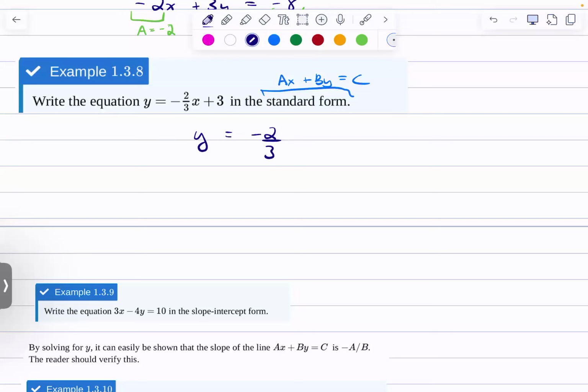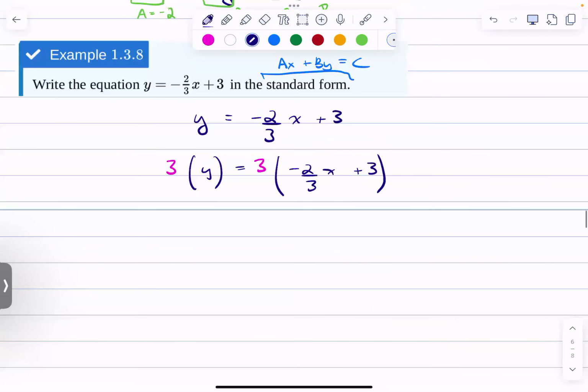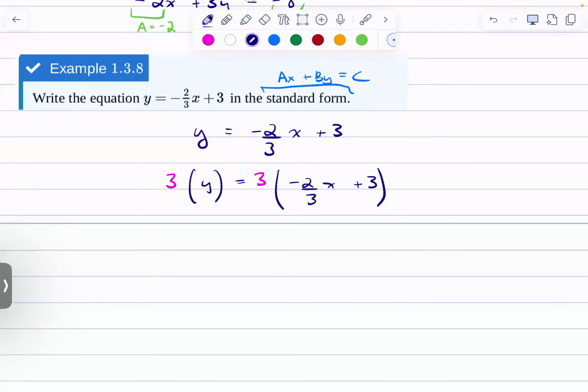-2 over 3x plus 3. I'm going to multiply by 3. So this is going to cancel this guy here, but you have to remember to multiply this 3 by this 3 over here.